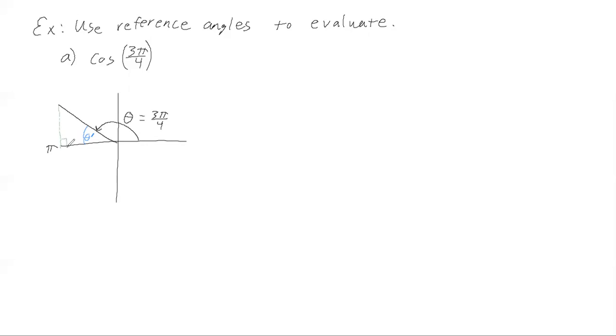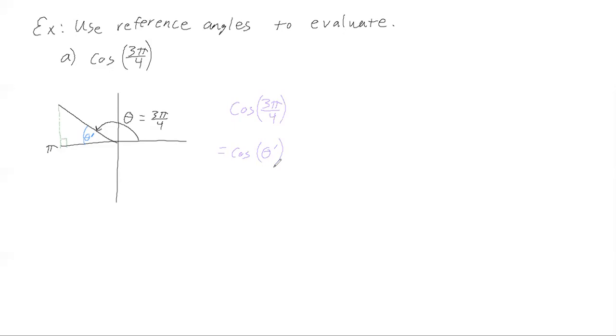Okay. Now I could use that triangle and so forth and calculate values, but actually what I want to do this time is I want to go ahead and say, okay, cosine of 3 pi over 4. Well, that's going to be equal to the cosine of my reference angle, theta prime, but is it going to be positive or negative of that?